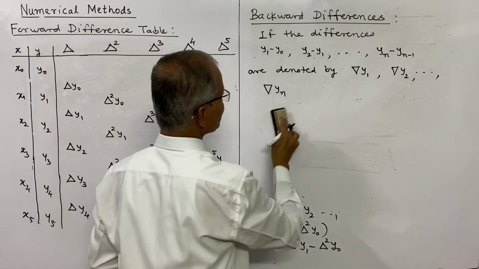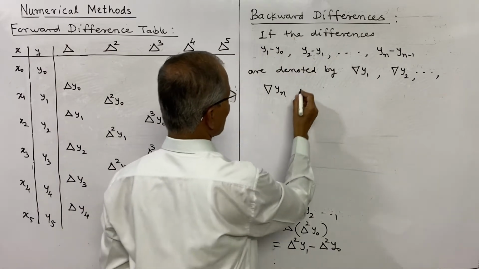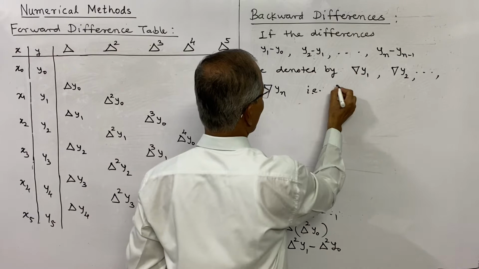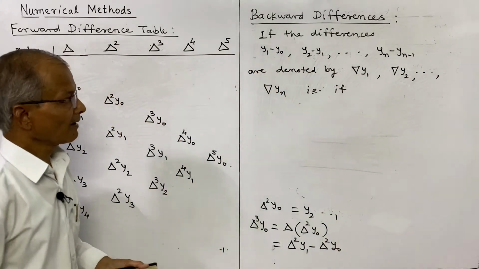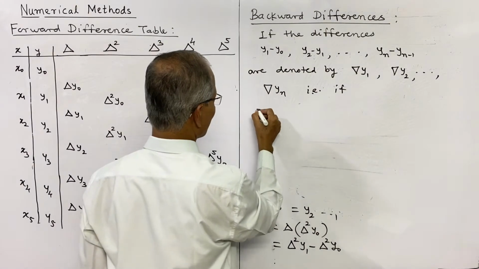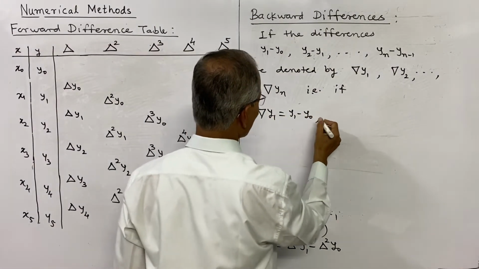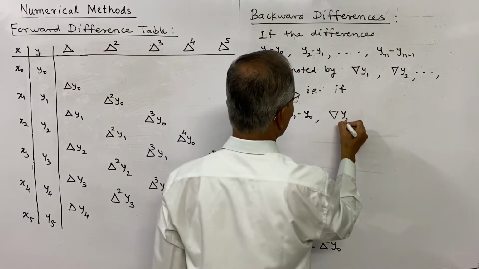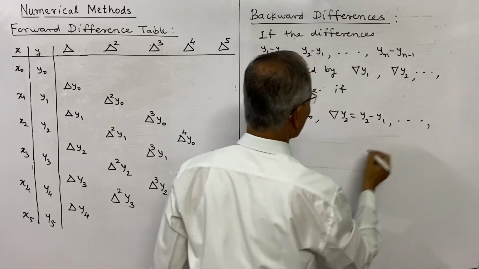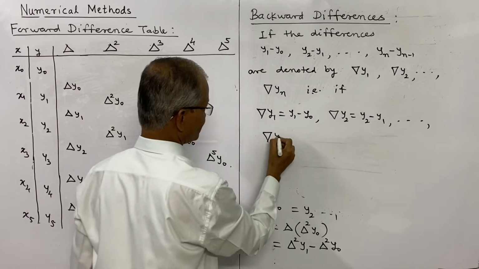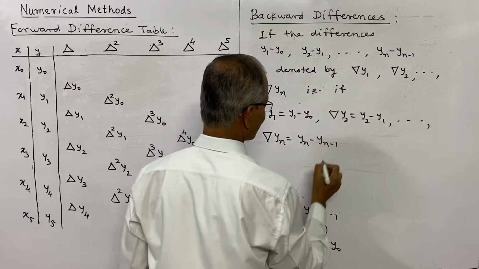So del y1 is y1 minus y0, del y2 is equal to y2 minus y1, and so on, del yn is equal to yn minus y(n-1).